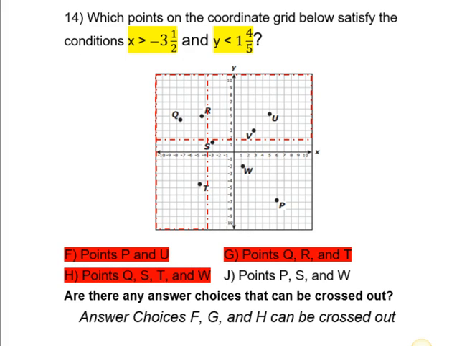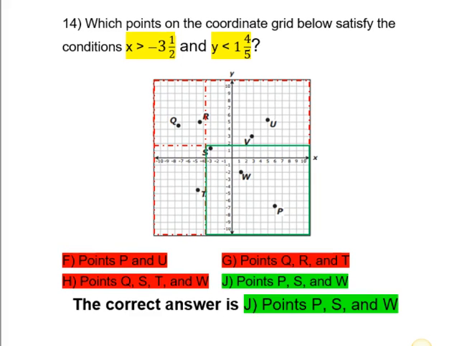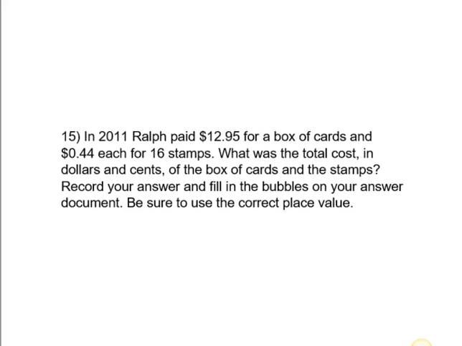However, Q and T are not. So our correct answer is J, points P, S, and W. And if you look in the green box, those dots are within the conditions we were trying to satisfy, where x is greater than -3/2 and y is less than 1 4/5. Let's move to question number 15.